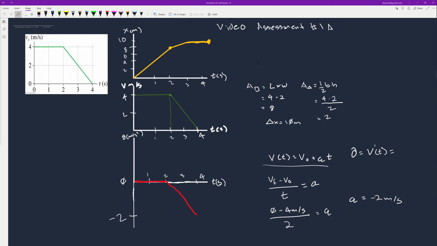So that'll be 4 over 2, and we get 2. And since it's decelerating, we're just going to stick a negative there. And it's the same thing as our kinematics equation.